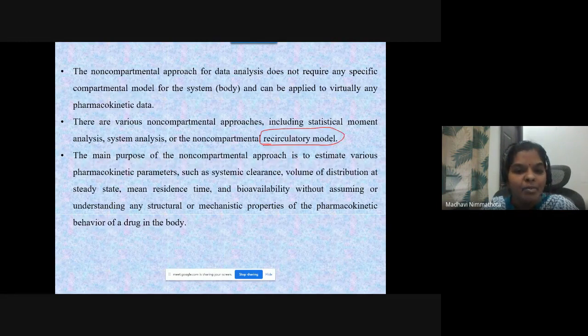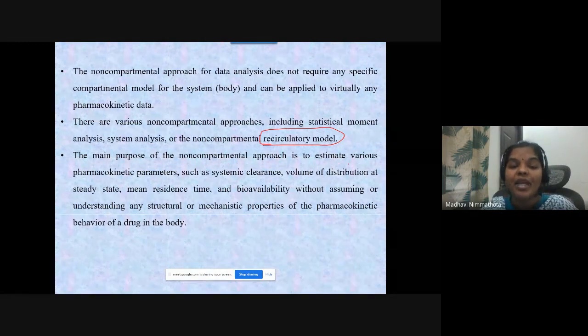The main purpose of this non-compartmental approach is to estimate various pharmacokinetic parameters. In the one compartment open model, we estimated elimination rate constant, clearance and elimination half-life.